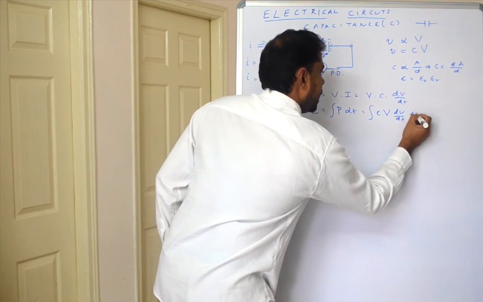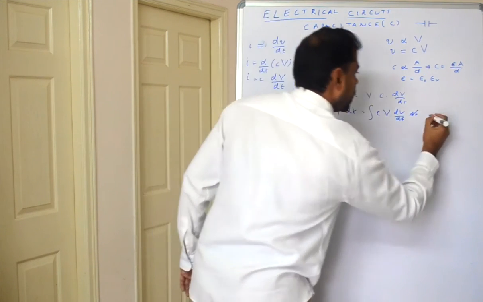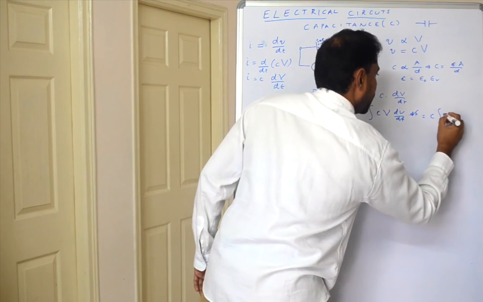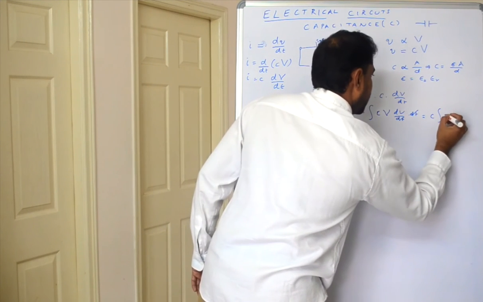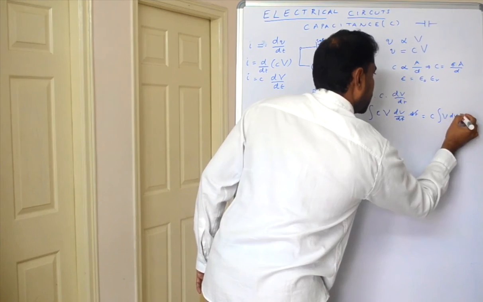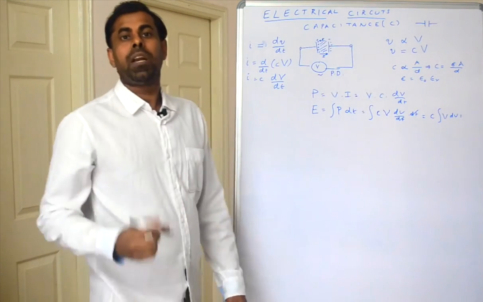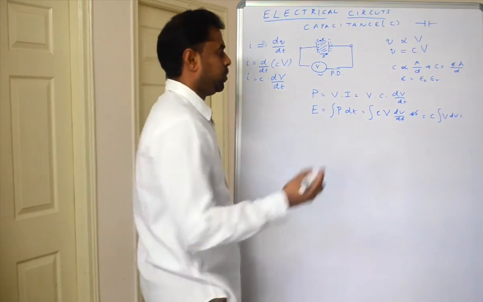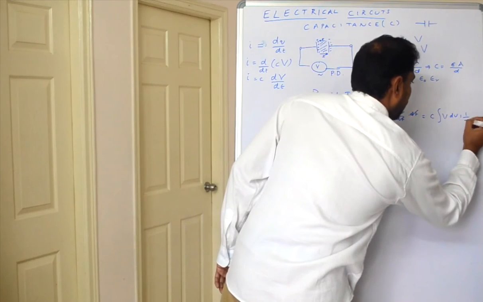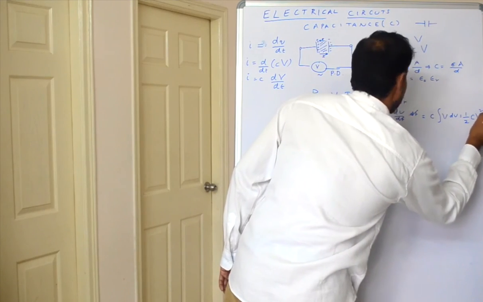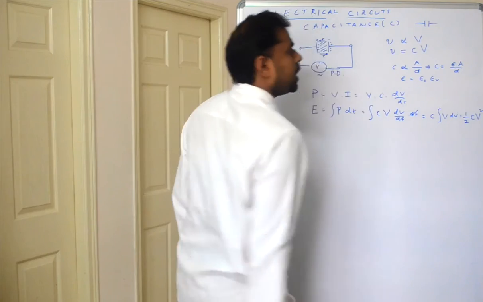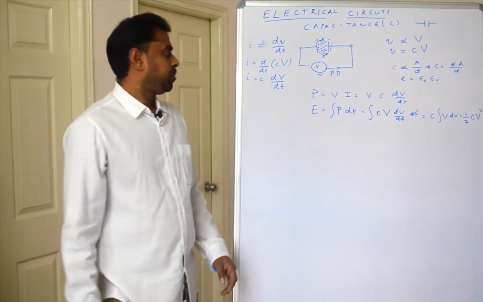Another dt is there, and dt gets cancelled. C is a constant, so if I take that out of the integration, the integral of v dv is nothing but v square by 2. So it will be half CV square. This is the energy stored in the capacitor.